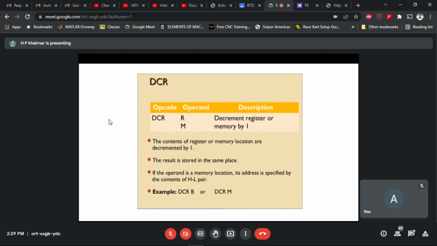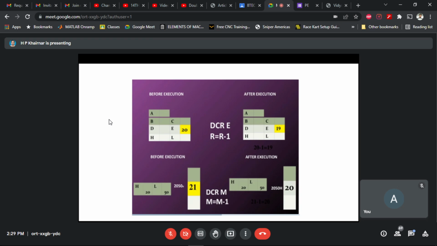Similarly, exactly the opposite procedure is there for decrementing. So that decrementing opcode DCR is there, with operands R and M. So you can use DCR B, or DCR M. This is how the data content is there. That is before execution.